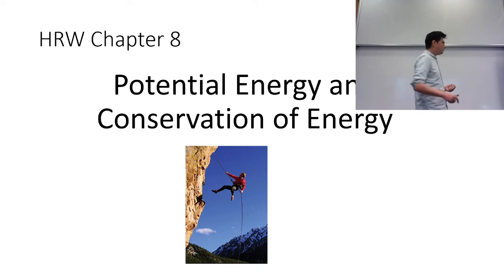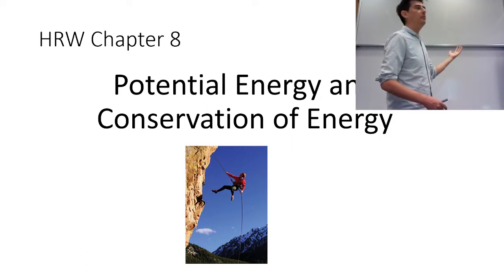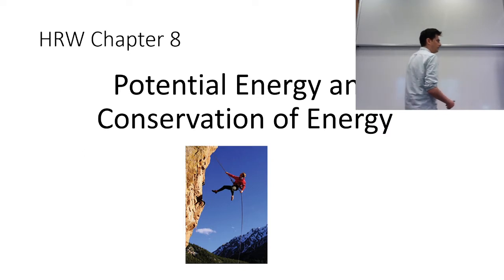And work was basically the amount of energy that's actually flowing into that bank account. So work is always associated with the transfer of energy between two things or two parties.